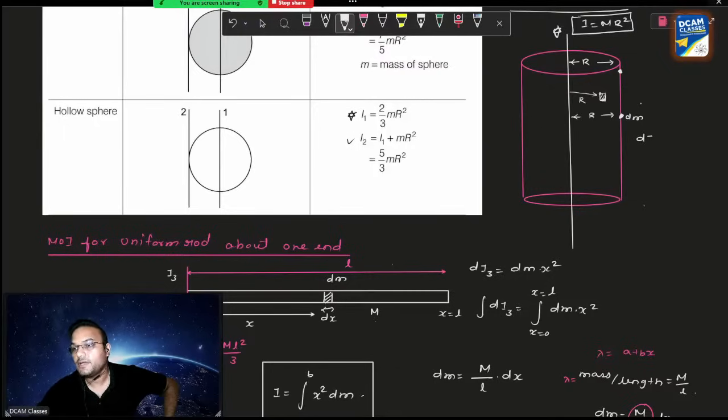So the moment of inertia dI for this dm mass is r square into dm. The total moment of inertia I will be equal to r square integral dm, because r is constant for every mass. So it will be r square into m. That's why the total moment of inertia is m into r square.